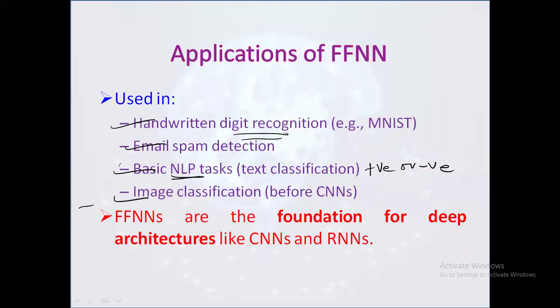Before the rise of convolutional neural networks, feed forward networks were used for basic image classification. Although not ideal for spatial data, they provided early success in computer vision tasks.